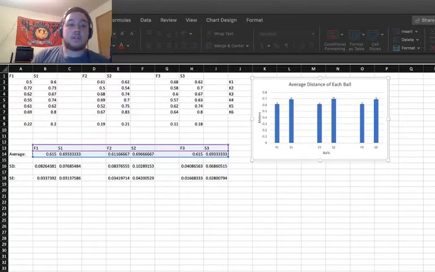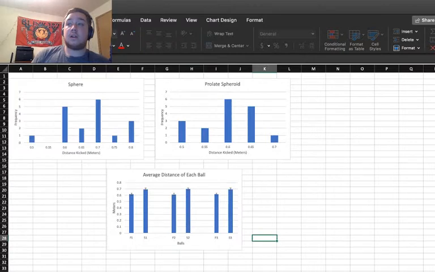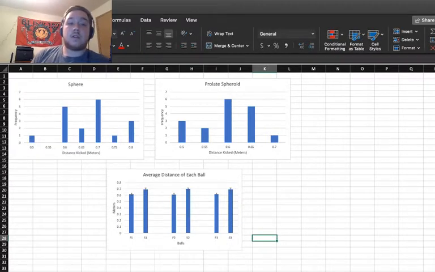But where the difference lies in each of the data points is exactly that. The data points were very all over the place. There was not a lot of normal distribution between each of the different balls. From the football 1, football 2, football 3, each data point was very different. And that's shown in my graphs here, where the sphere does not have a normal distribution at all.